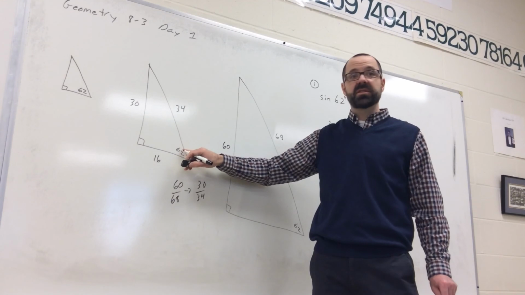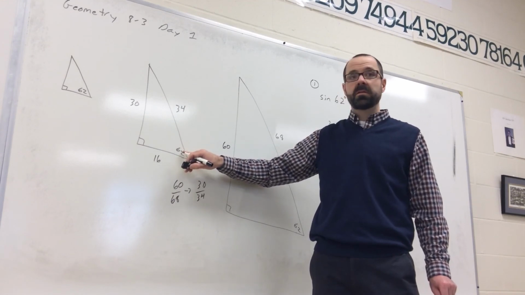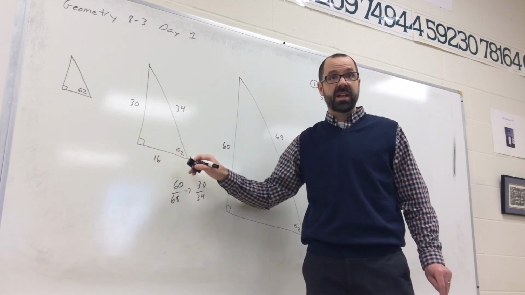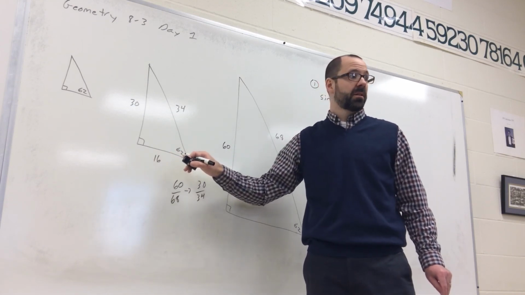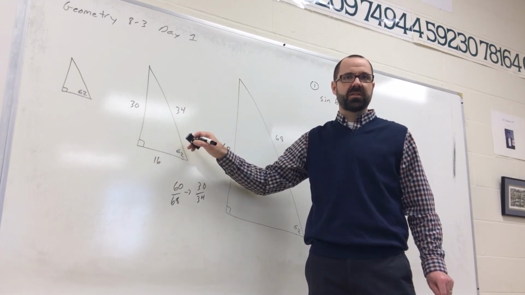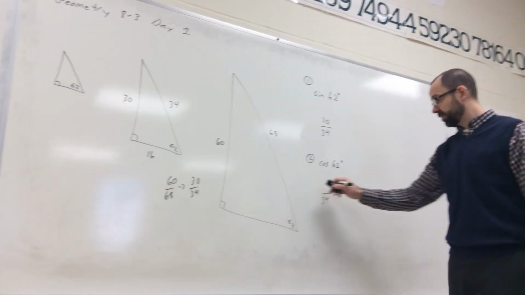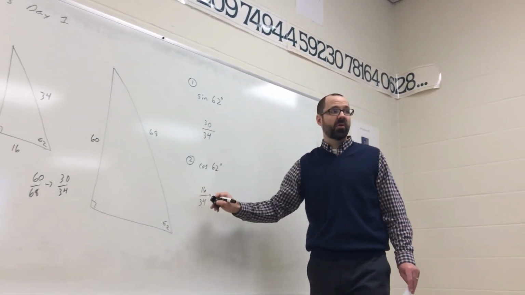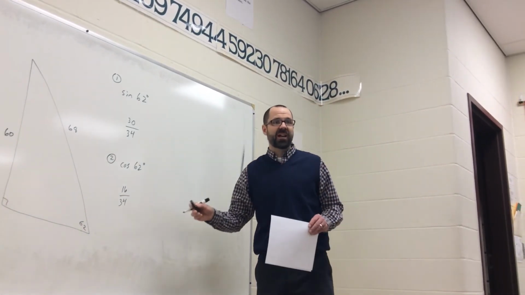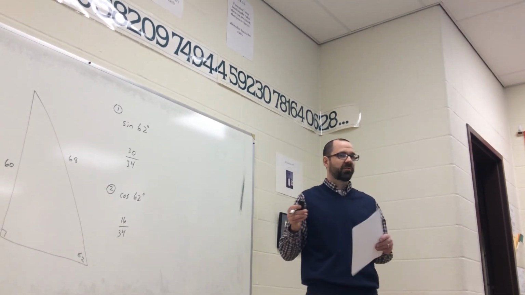What's adjacent to 62? 16 is next to it. It's the side that's next to it that's called adjacent. 34 is next to it also, but it doesn't count because it's the hypotenuse. So 16 is adjacent, and the answer is 16 over 34. All we're looking for is fractions. Sine, cosine, and tangent seem complicated, but all we're looking for is a fraction.